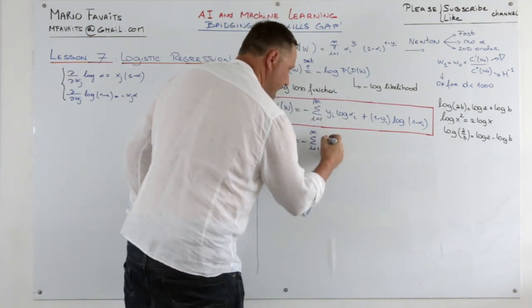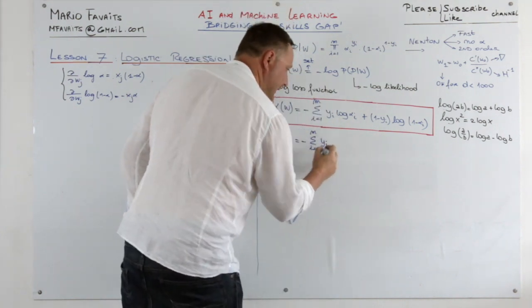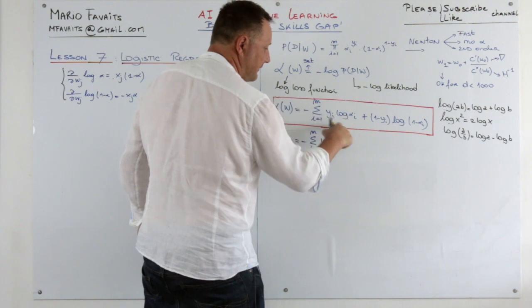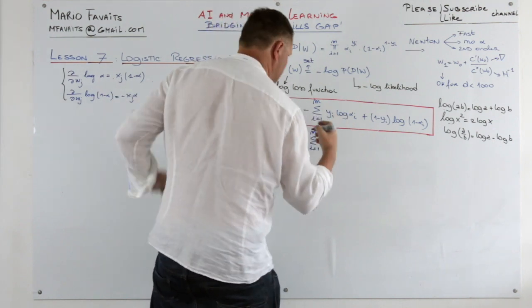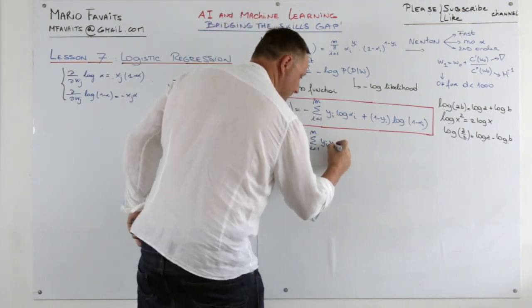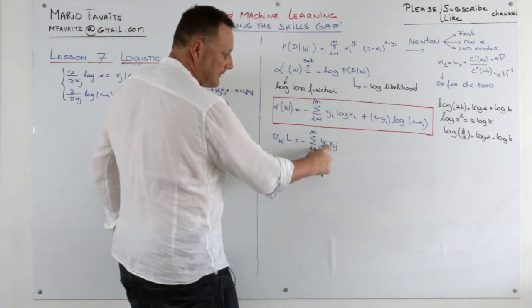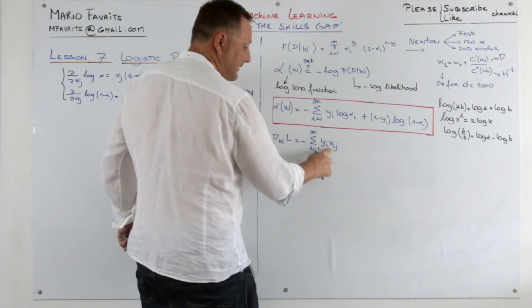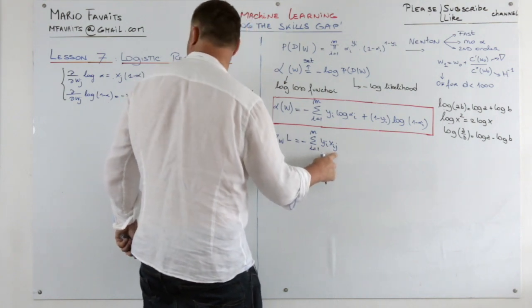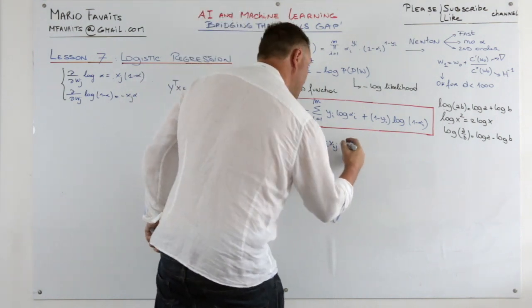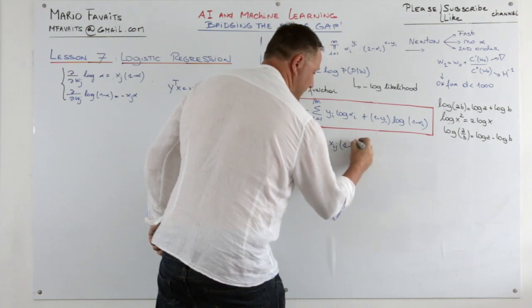So it's yi in the front, and then the derivative of log alpha I is xj, but I still need to put the I. So it becomes xij times 1 minus alpha, okay?